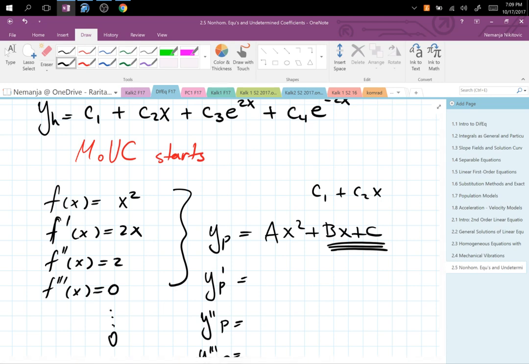So you want to bump bx, which is repeated, into x squared, but x squared already exists. So where do you bump it? X cubed. Now you want to bump c into cx, that already exists. You want to bump into cx squared, you can't, it still exists. You bump it, so eventually it's ax squared plus bx cubed.